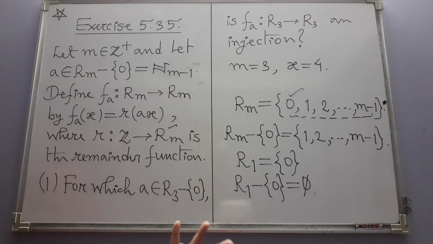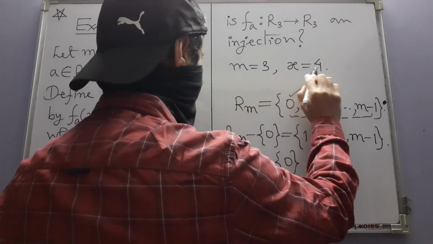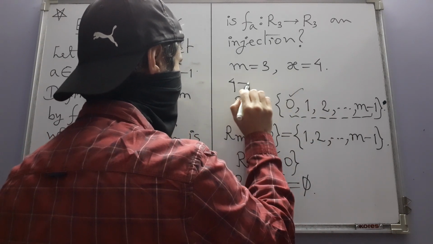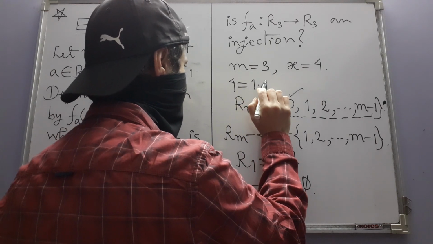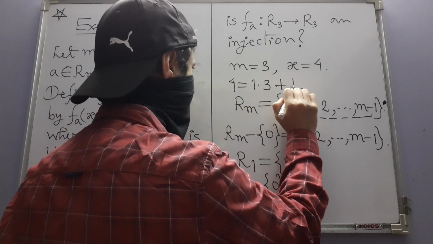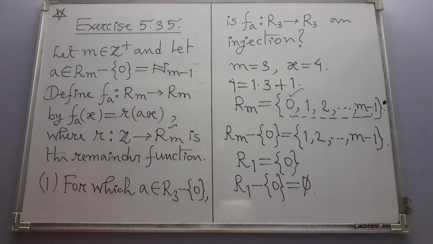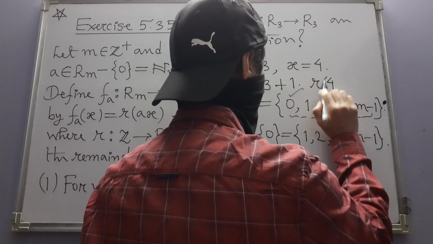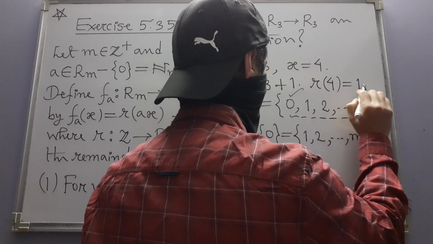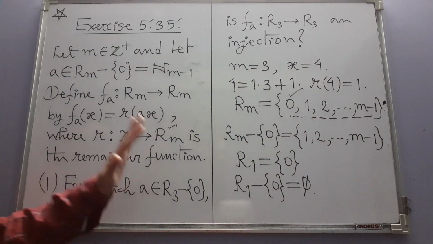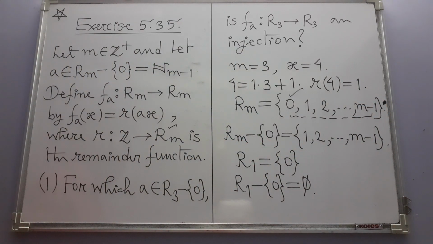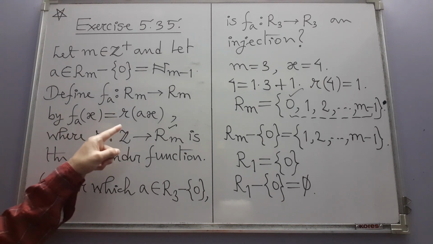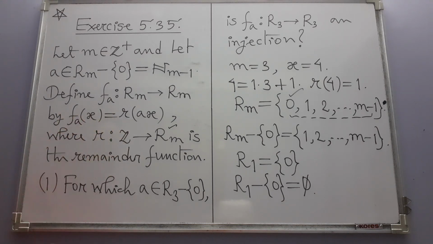We can take a negative x also, but we are simply taking 4. Then when you divide 4 by 3, the quotient is 1 and the remainder is 1. So that is why R of 4 is equal to 1 if our m is 3. So it is that function. And using this function, we have defined fa.